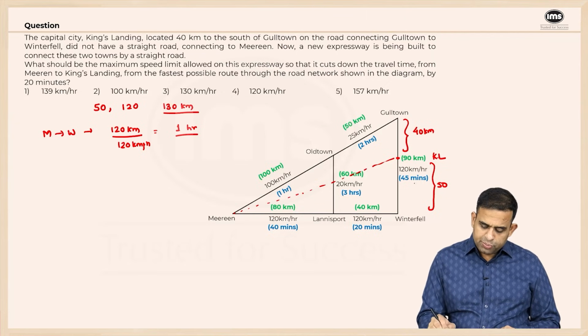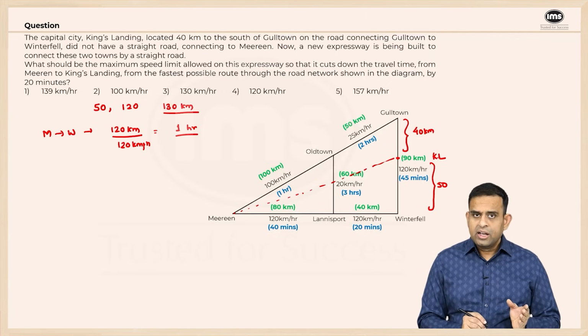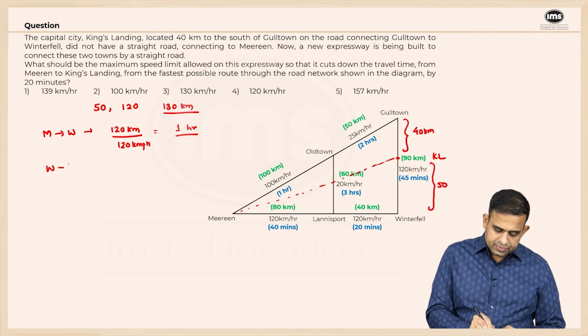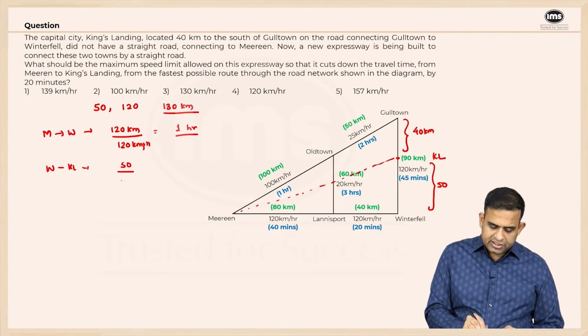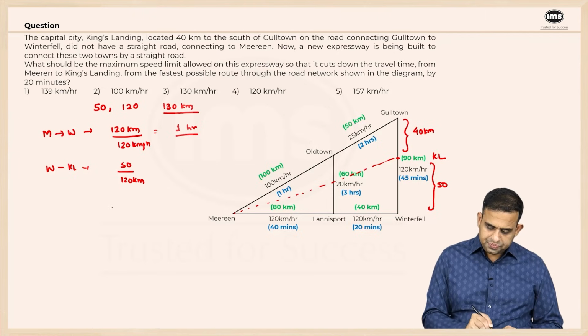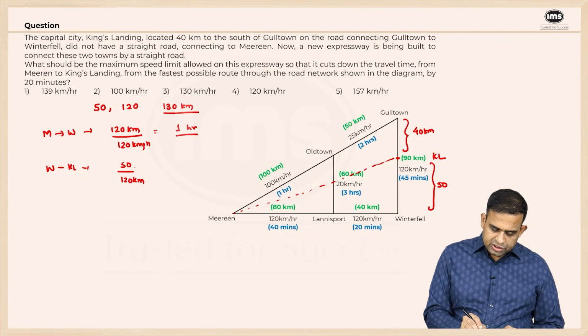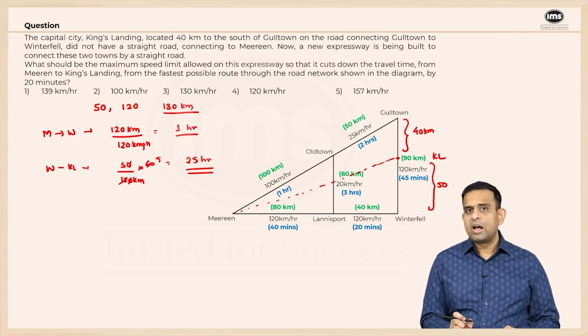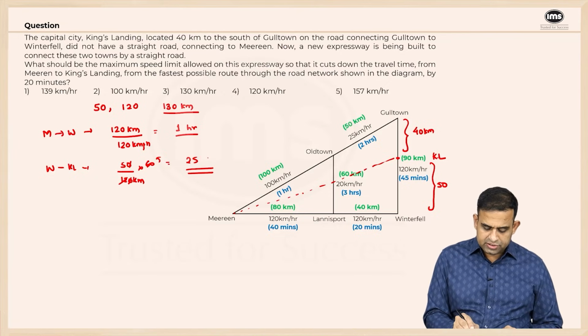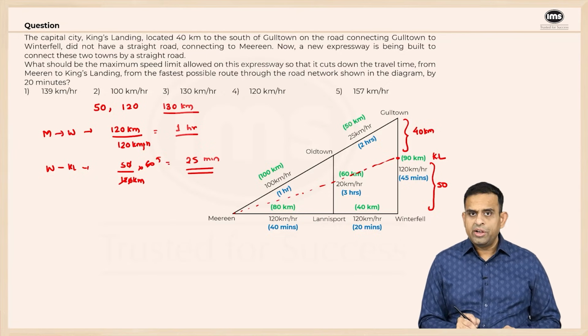Then if I look at this portion, Winterfell to King's Landing, a distance of 50 to be covered at a speed of 120 kmph. So this part will come out to be one can say 1 hour and 25 minutes.